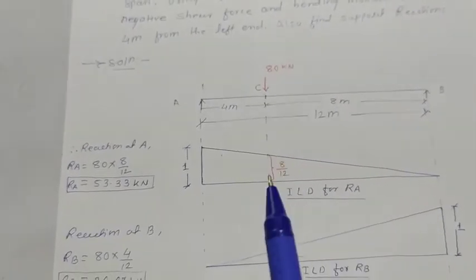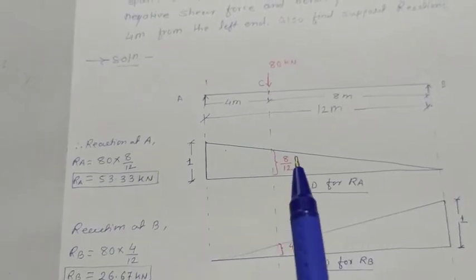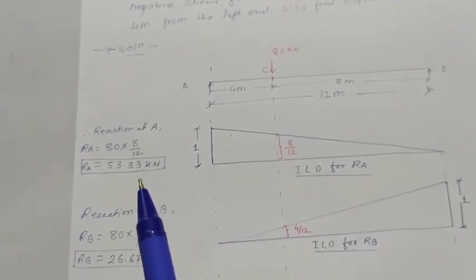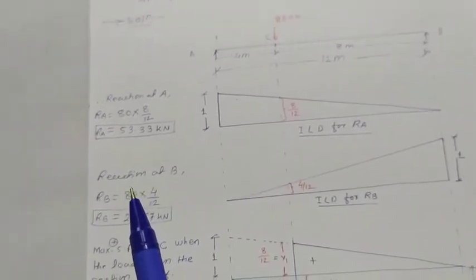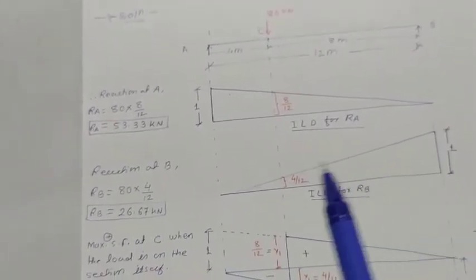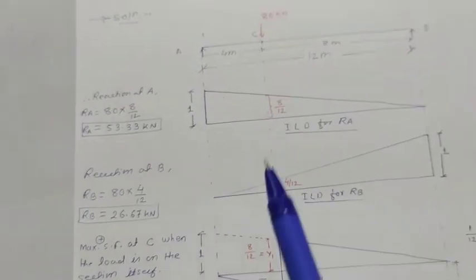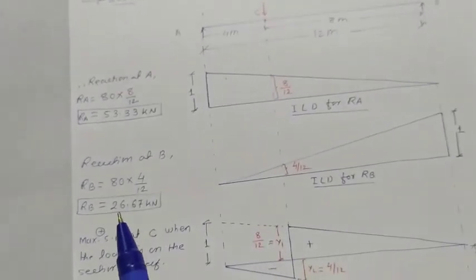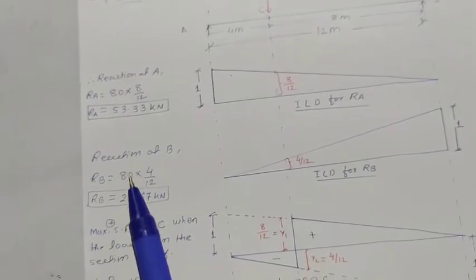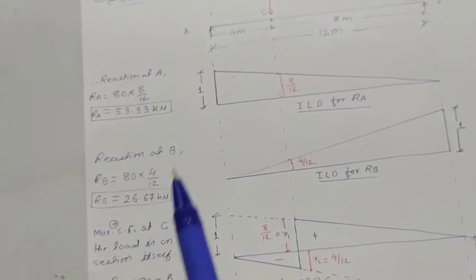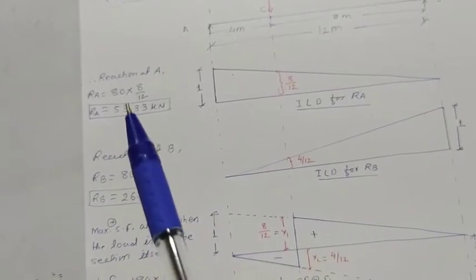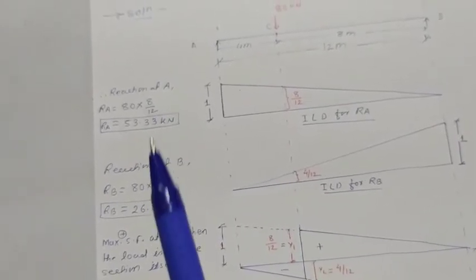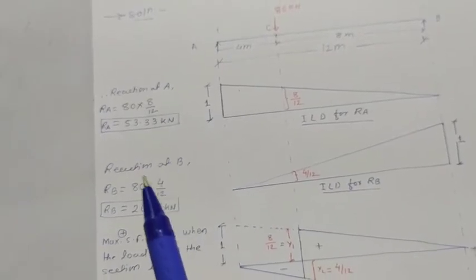Reaction at A is 80 multiplied by the ordinate, so this becomes 53.33 kilonewton. Next, reaction at B is 80 multiplied by 4 by 12, so this becomes 26.67 kilonewton. Or you can cross-check these values by your regular procedure, by equilibrium conditions, and you will get the same values as that of ILD.